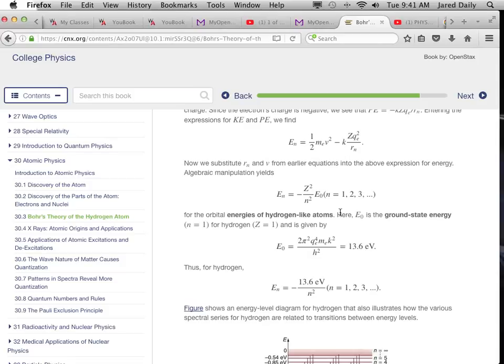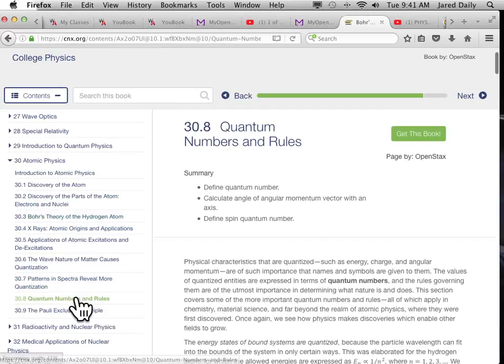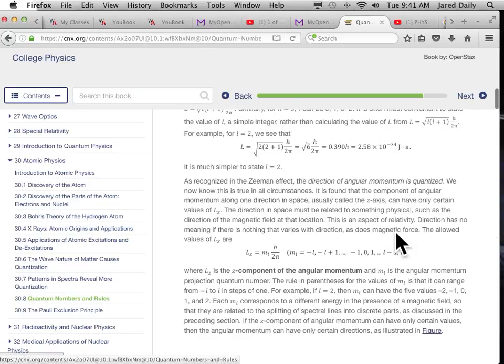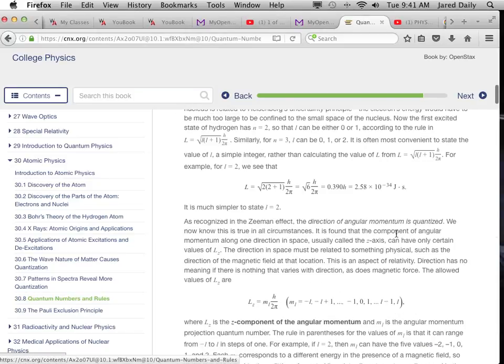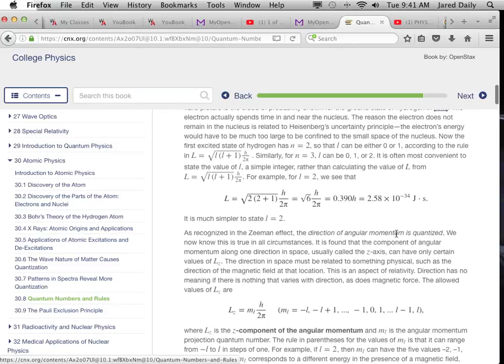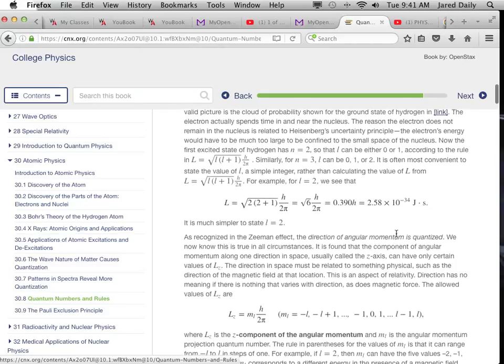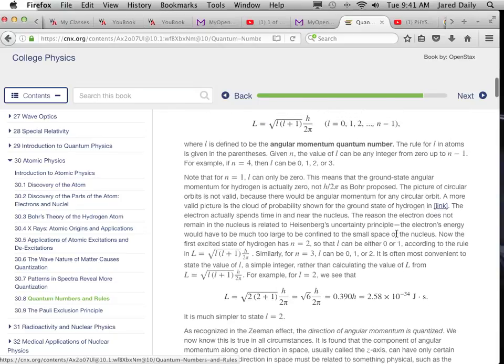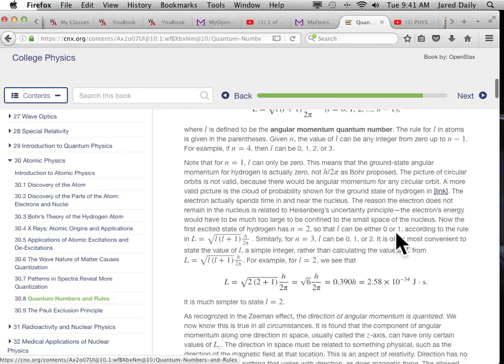If we go back to where we were, quantum numbers and rules: for the L quantum number, the angular momentum quantum number, we can calculate the angular momentum with this equation.